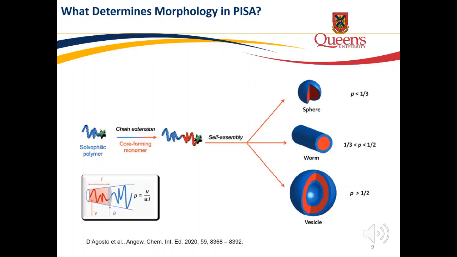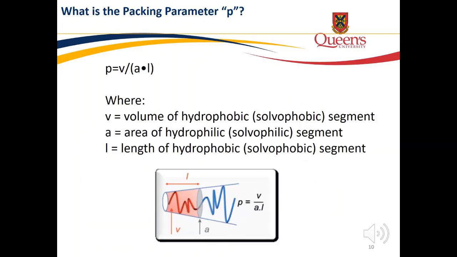Let's go into this P factor, called the packing parameter, in a little more detail. It is a ratio of the volume of the hydrophobic segment divided by the product of the area of the hydrophilic segment times the length of the hydrophobic segment.